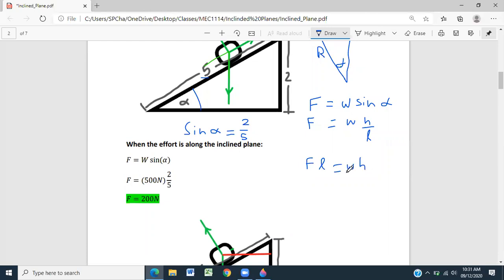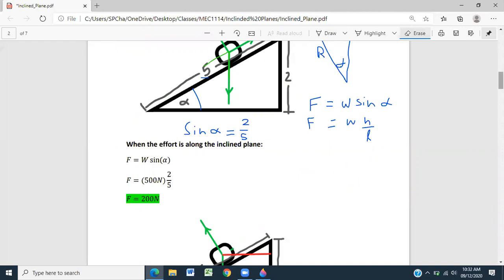Work done on the load is equal to work done along the plane, right? And you find that this here is longer, this is shorter, but this force should be smaller. F is less than W. So we use less force in general to do the same thing. Okay, that's the first equation down.